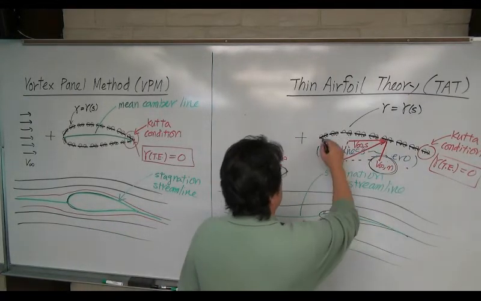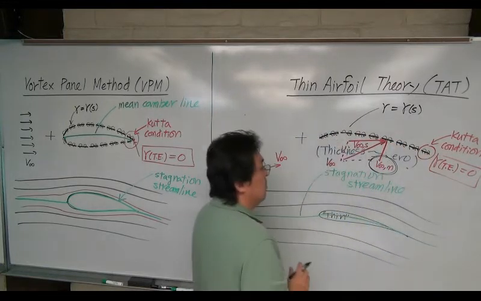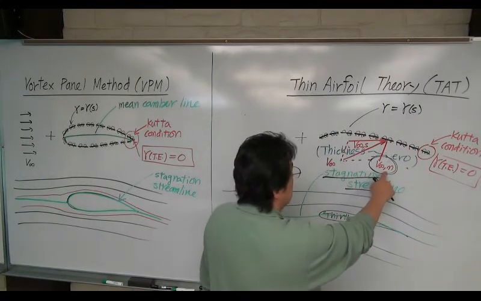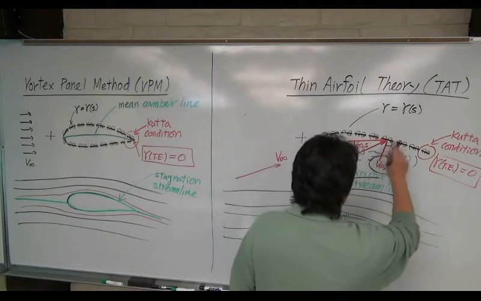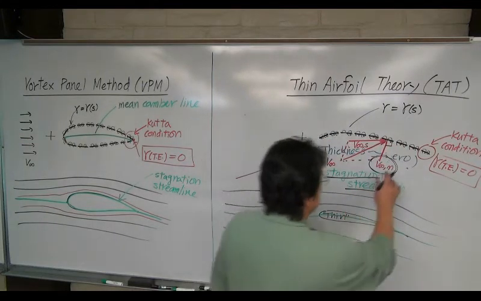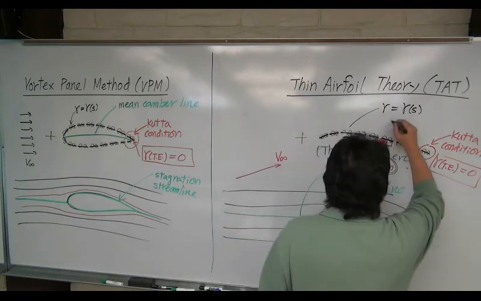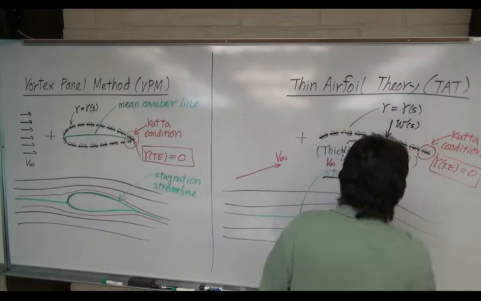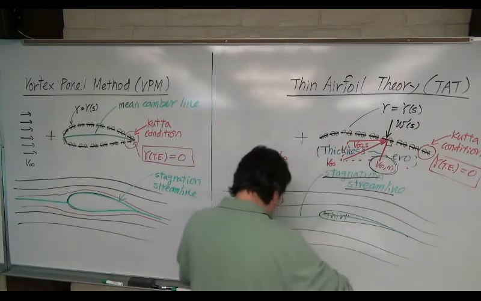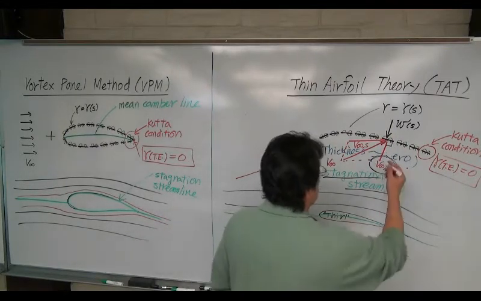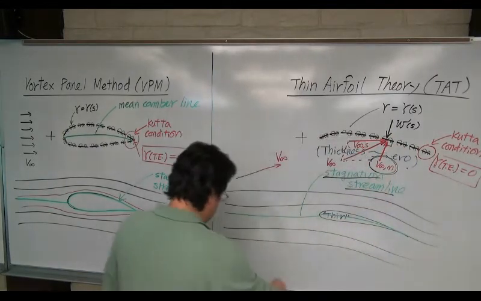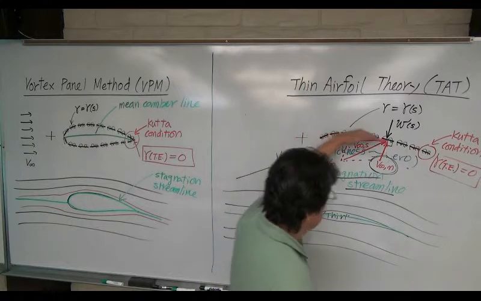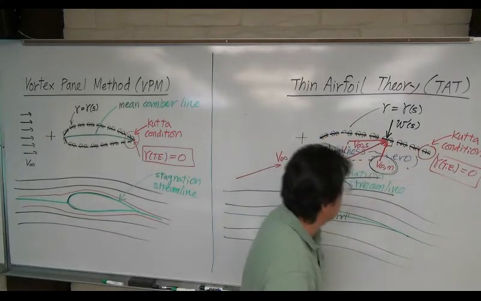In order to have this mean camber line be a stagnation streamline, this V infinity N, which is the component perpendicular to each panel, must be cancelled by the induced velocity, which is W prime S, which is equal and opposite to V infinity N. So that velocity on this line is always tangential to this line.